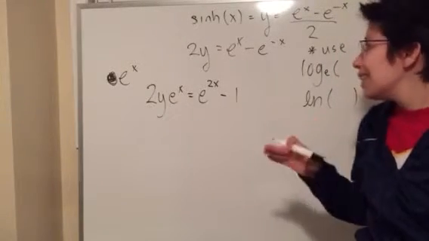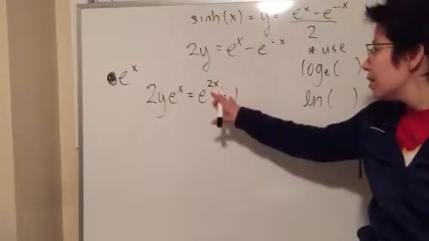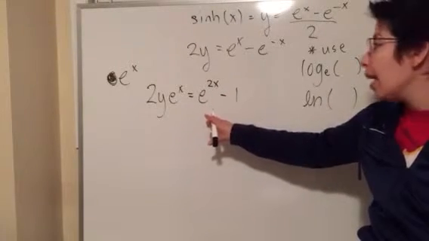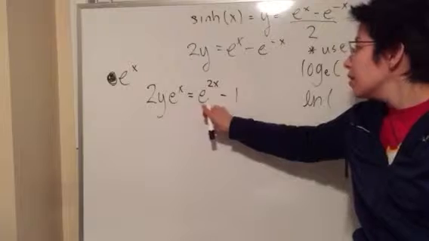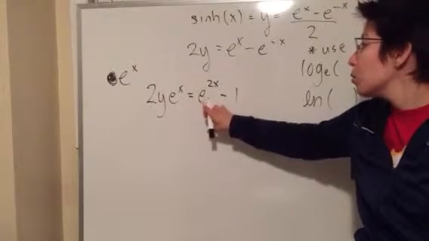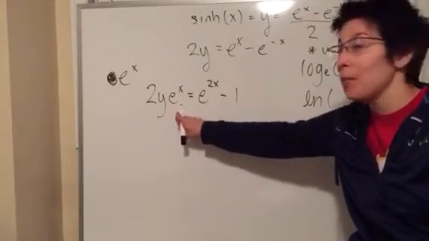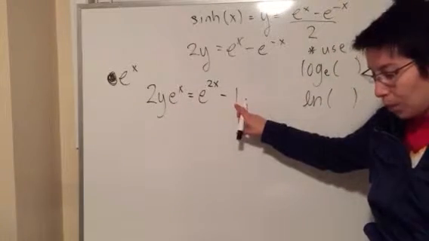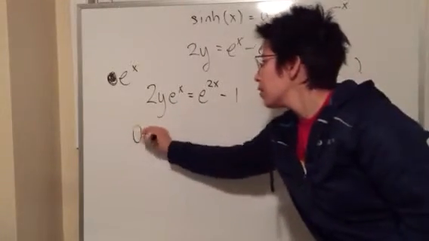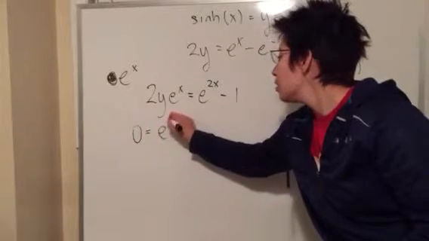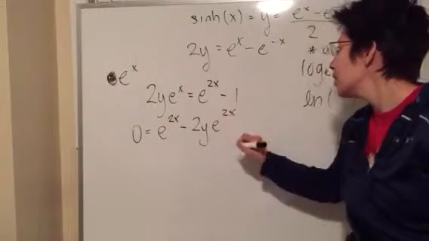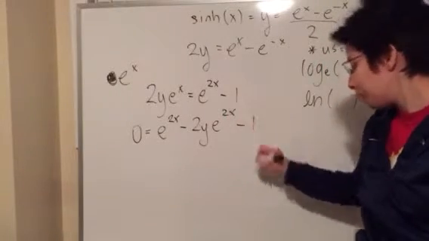Now, at this point, we still need to try to isolate x. And what you need to see is that this is kind of supposed to look like a trinomial, except it's not in x, it's in e to the x's. This is a quadratic term because it's squared, and this is like the linear term, except it's e to the x, not x, and then that's the constant term. So you end up getting something that looks like 0 equals e to the 2x minus 2y e to the x minus 1.